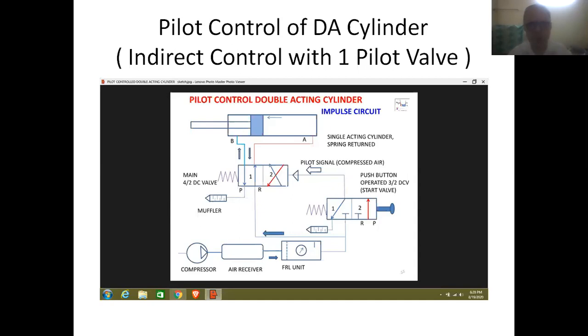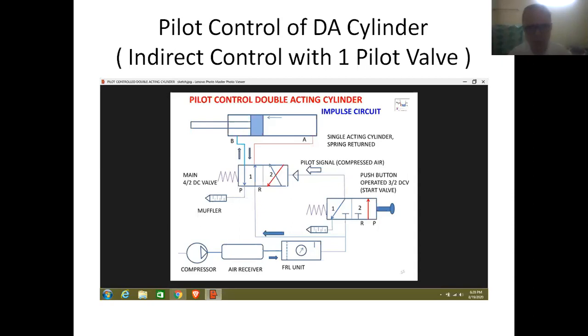So friends, during the operation of the circuit, both the valves will be coming to first position for performing the forward stroke of the piston, and both the valves will be coming to second position for performing the return stroke of the piston. So friends, this is the arrangement of this particular circuit.